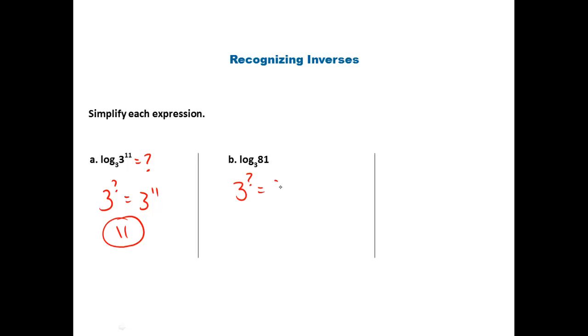If we were just going to solve this, we would say 3 to the what equals 81. In our calculator, a couple tries, we should get 4. Now this goes along with these expressions because 81 is 3 to the 4th, so our answer is 4.